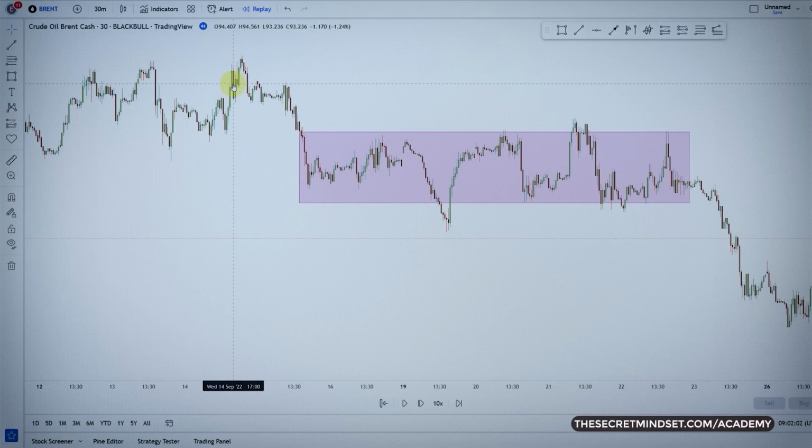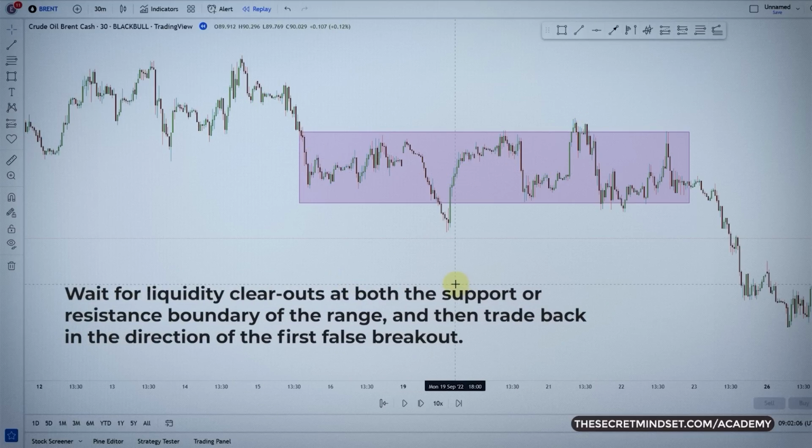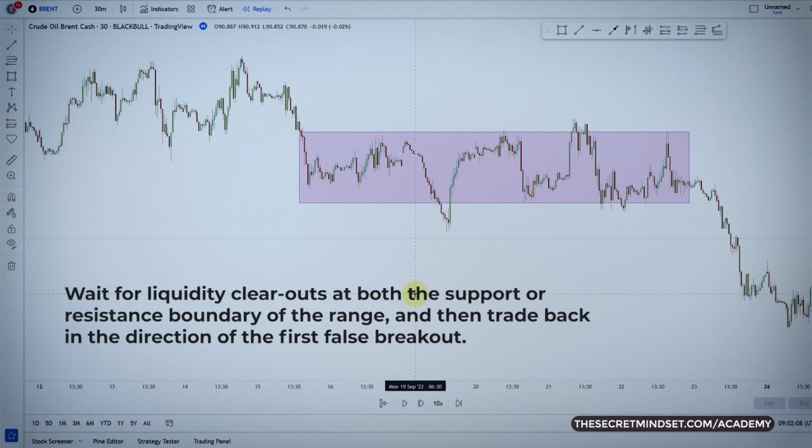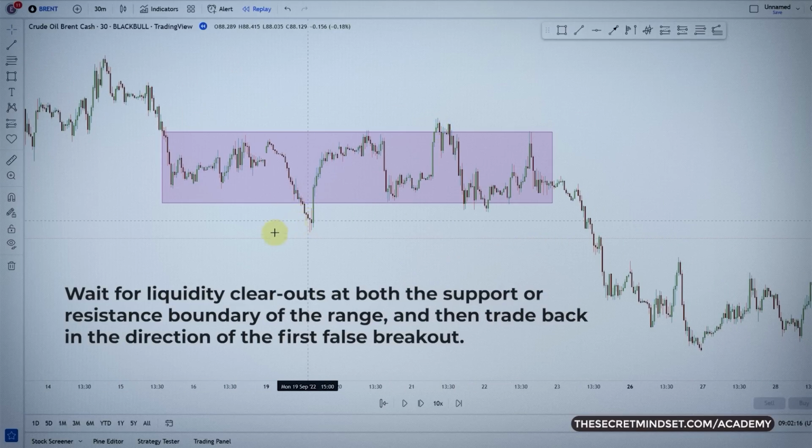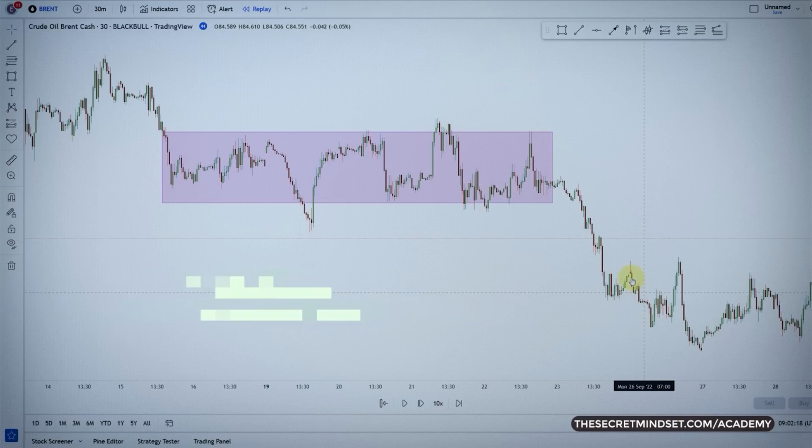Trading this setup in a range-bound market can be very lucrative, as you can wait for liquidity clearouts at both the support or resistance boundary of the range, and then trade back in the direction of the first false breakout. It sounds easy in theory, I know.